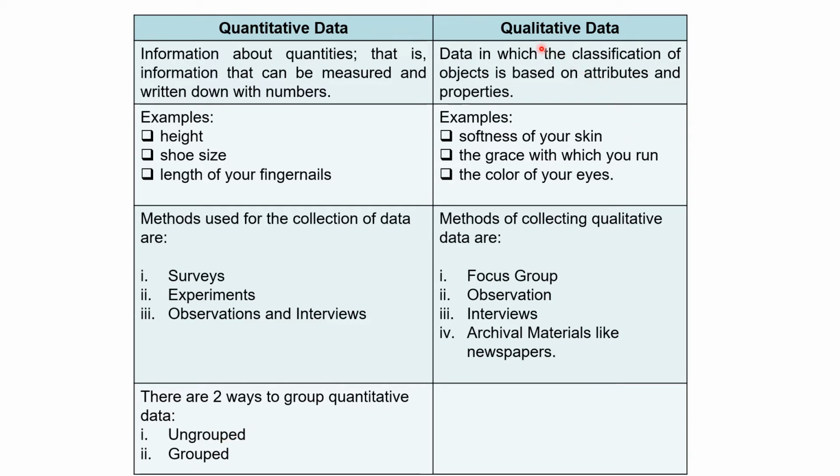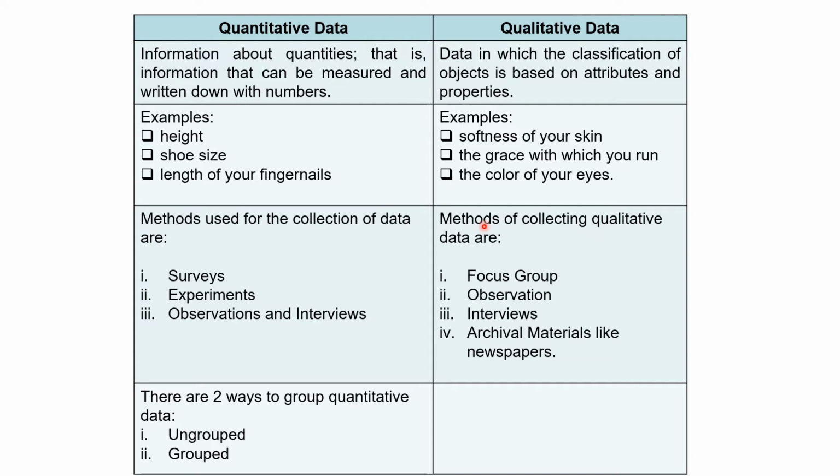Whereas qualitative data is data that you cannot represent with numbers, so they are more subjective. For examples, like softness of your skin, how softly do you actually dance, or the color of your eyes.